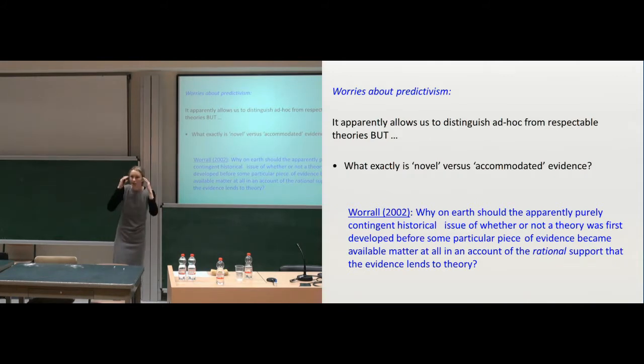He's got a kind of Bayesian intuition that all that should matter is the relationship between hypothesis and evidence, not the discovery process, procedures and processes. But he still is interested in this use-novelty distinction. He's saying, look, rational support should just be a matter of the relationship between evidence and theory or hypothesis.